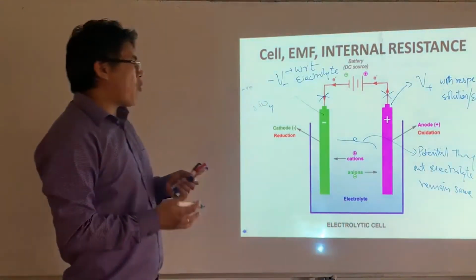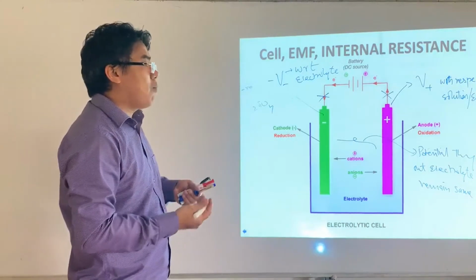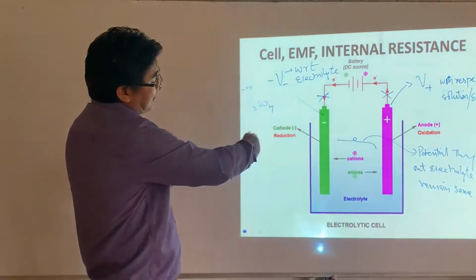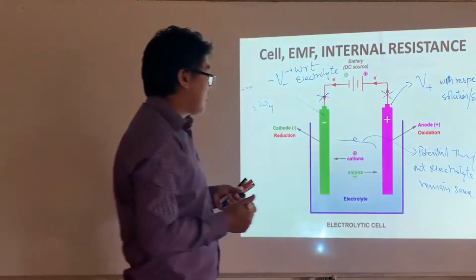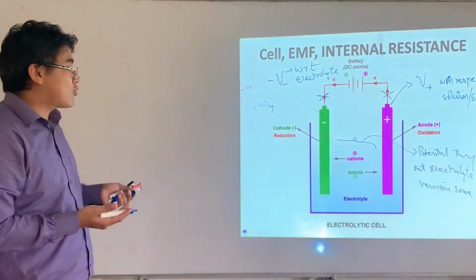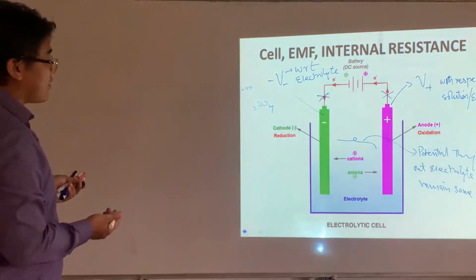So there won't be any flow of charge, any movement of charge, taking place inside the electrolyte. Why? Because the potential remains the same throughout the electrolyte. So what is the potential difference?